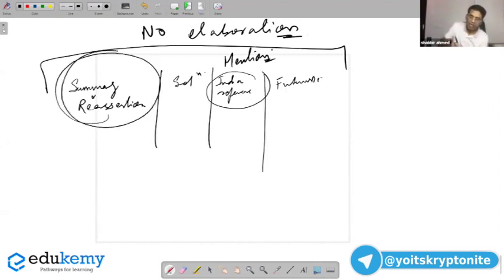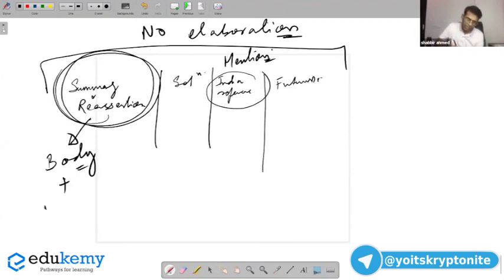Summary and assertion, where will this come from? Anybody? The summary and assertion, where will this come from? This will come from the essay itself, your body, correct? From the body plus what you could not write on.